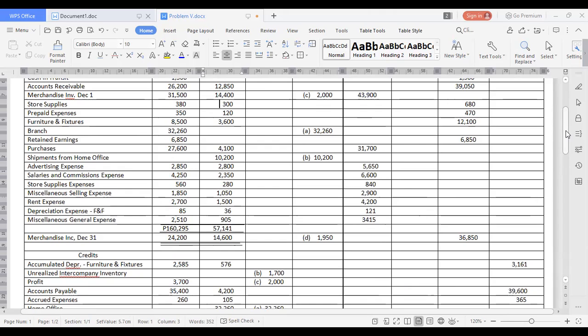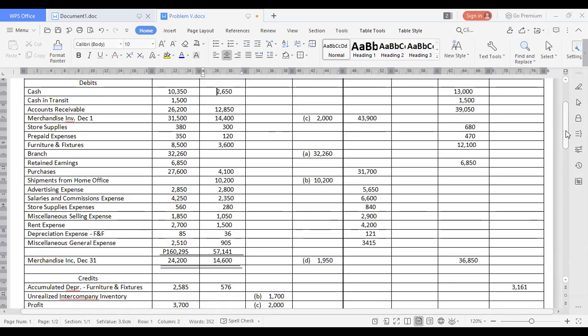So for letter C, we debit unrealized intercompany profit to make the balance zero, and credit merchandise inventory beginning. So you have 4 entries, and that will give you the total for your adjustments and eliminations.